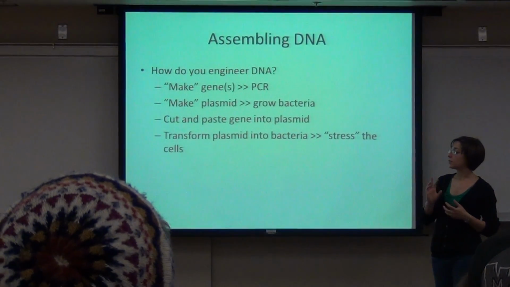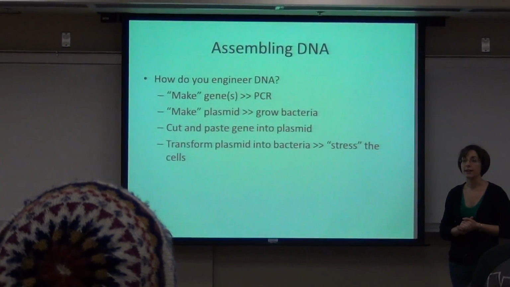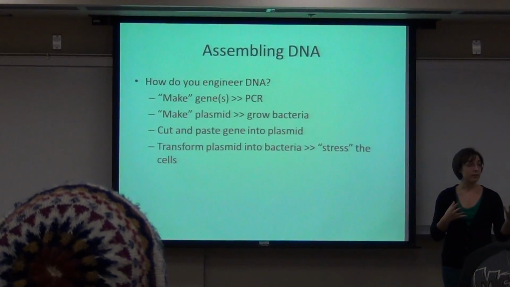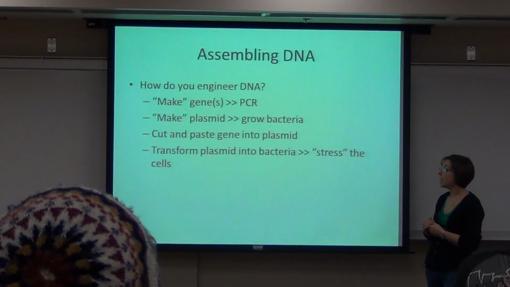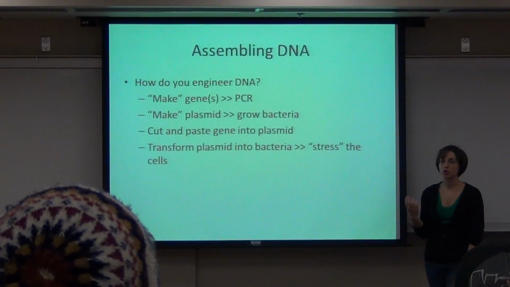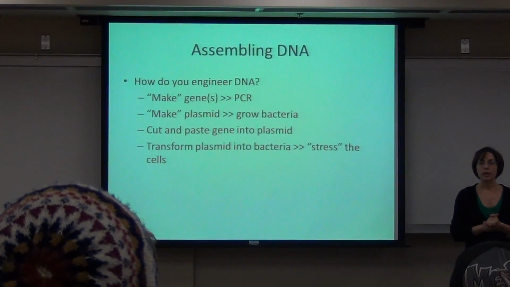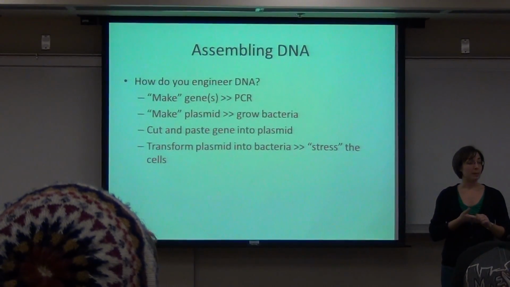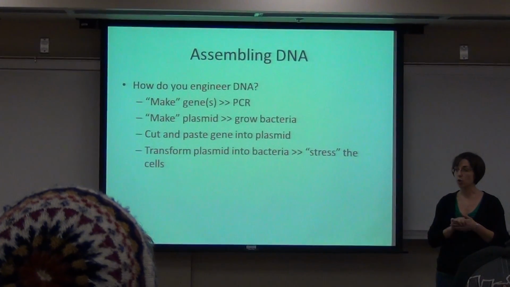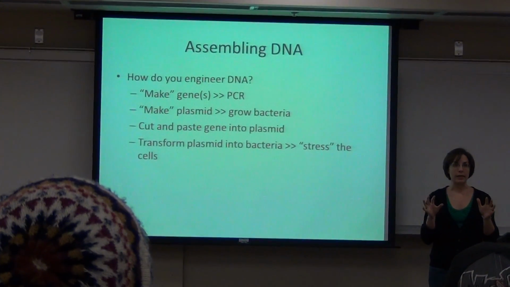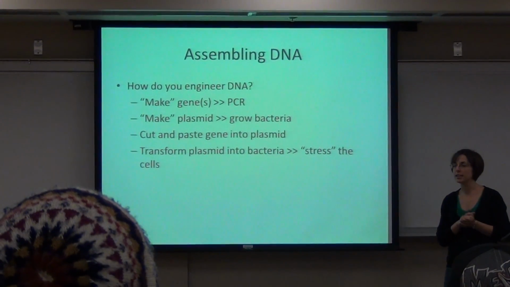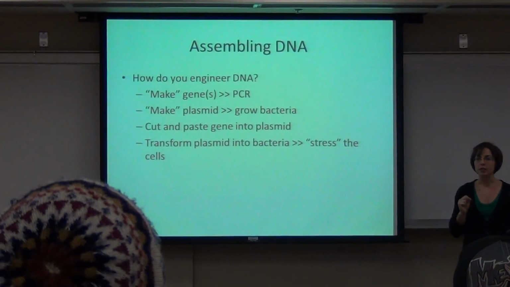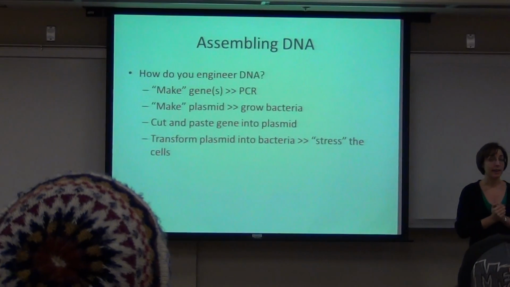And then we'll transform that plasmid into bacteria. That basically just means that we're going to give the plasmid to the bacteria so that they have this new piece of DNA. And how we do that is basically just stressing the cells. So if we stress the cells, like heat them up to a little bit higher than their normal temperature, they kind of start freaking out saying, oh no, what am I going to do to survive? It's not the optimal conditions for me. They kind of just start reaching out and grabbing whatever kind of DNA they can.